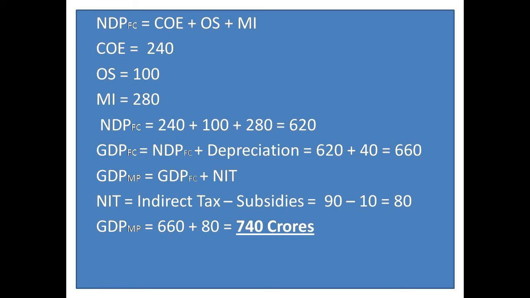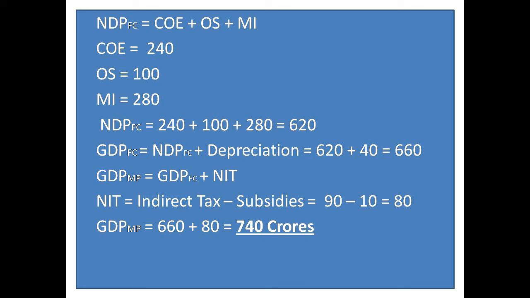We calculate NDPFC: COE plus OS plus MI. COE is given, 240. OS is not directly given. They have given rent, interest and profit together. That is nothing but OS. So we can say that OS is given. So OS is 100. MI is 280.